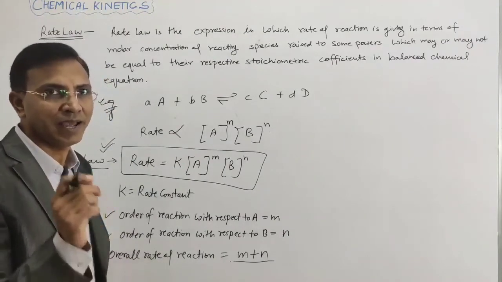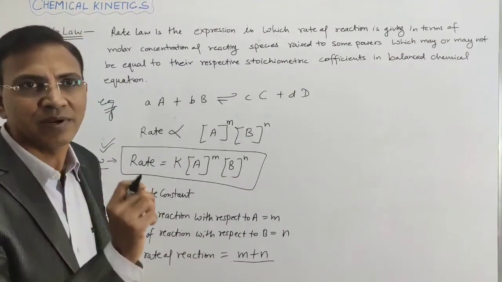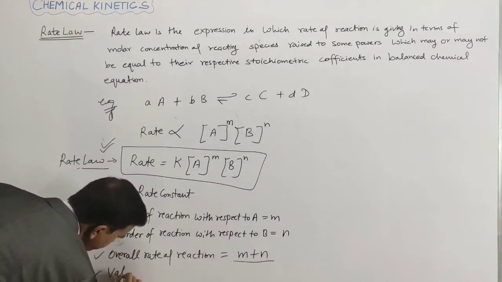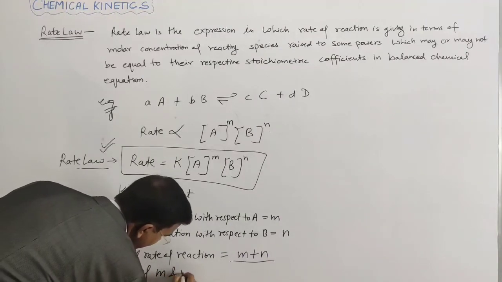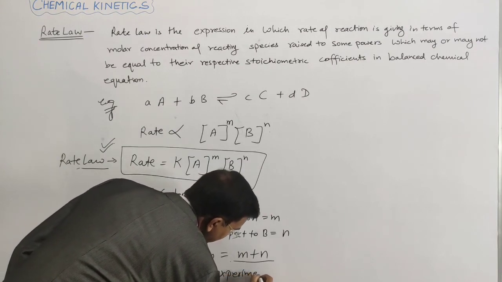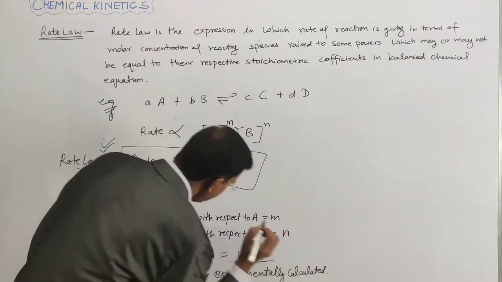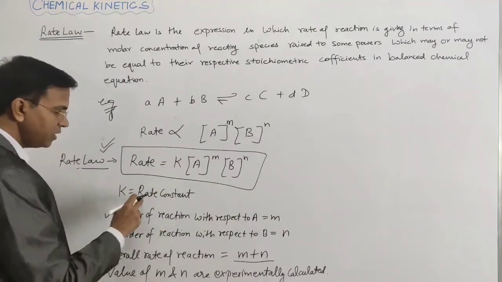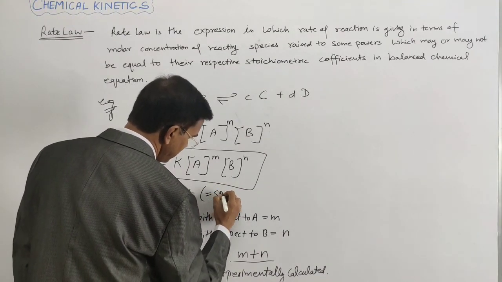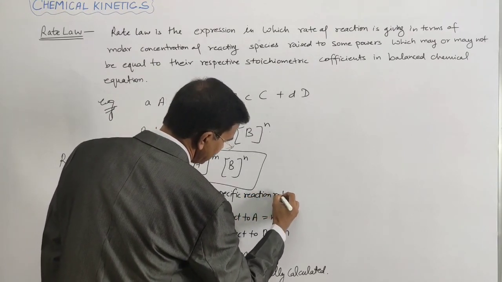The values of m and n are determined by experiments, meaning they are experimentally calculated values. k is called the rate constant, or also the specific reaction rate.